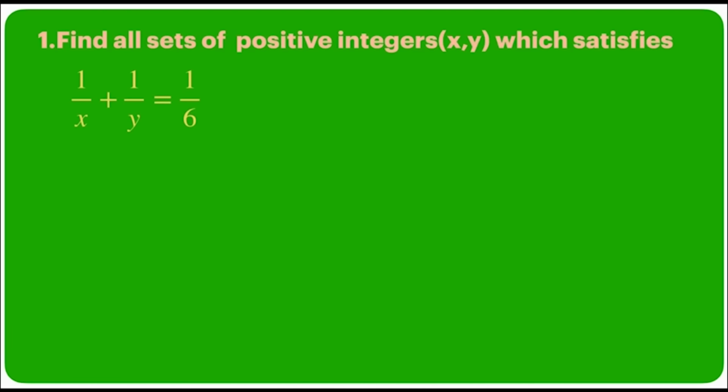So now we can just rewrite this equation. Here, students, you should learn how to rearrange the given equation. First, x plus y by xy equal to 1 by 6, then xy equal to 6x plus 6y.